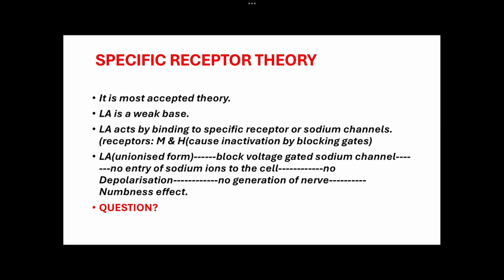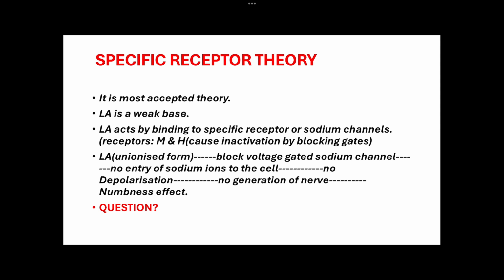So it is the most accepted theory, and LA is a weak base. LA acts by binding to the specific receptors or the sodium channels, and these receptors are of two types, M and H. The H receptor basically causes inactivation by blocking the gates. Students, this is very important: in which form does LA basically act?